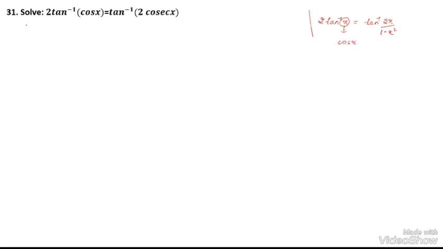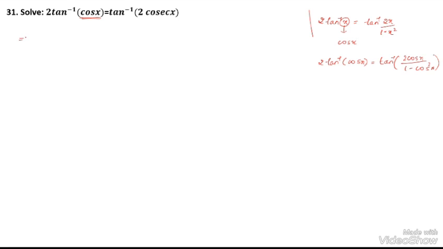So 2 tan inverse of cos x can be written as tan inverse of 2 cos x divided by 1 minus cos square x.